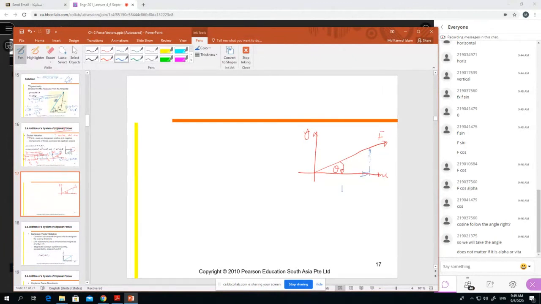One component is fx, and another component is actually fy in this direction, but for convenience I am writing fy here. Now this is fx, and this is fy.